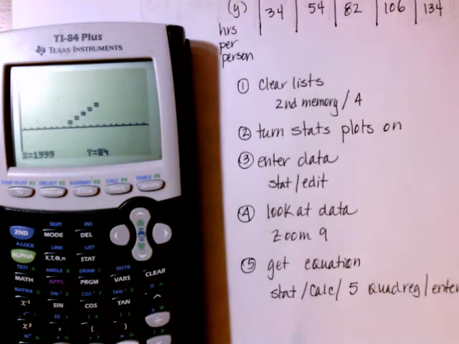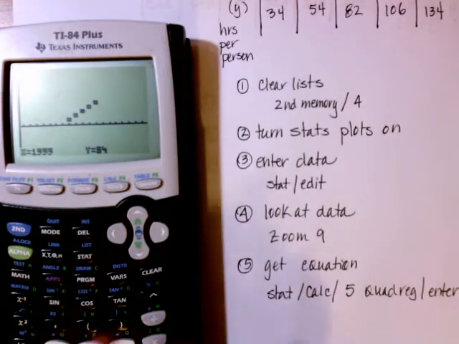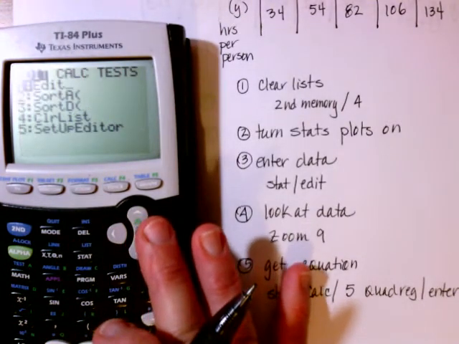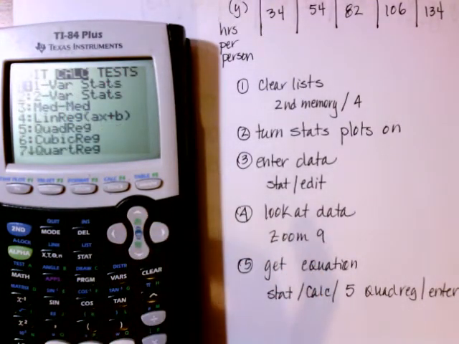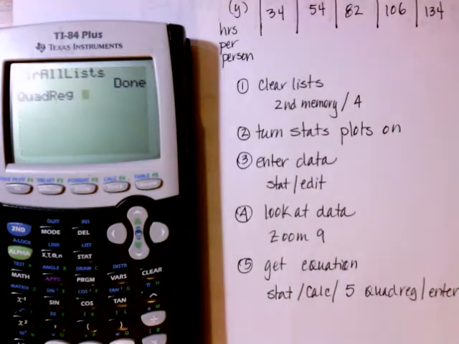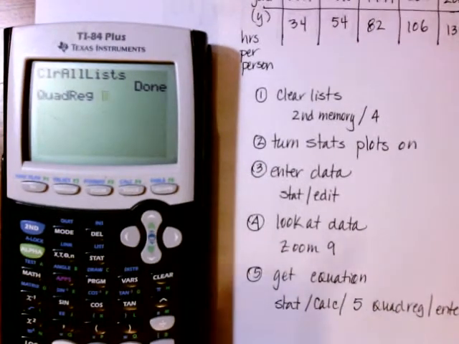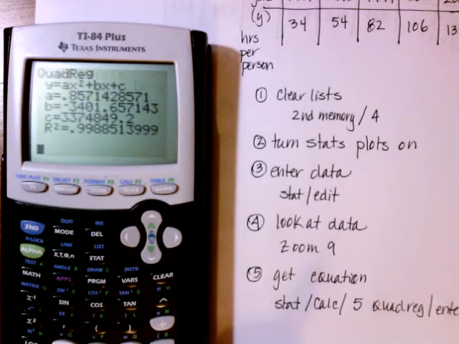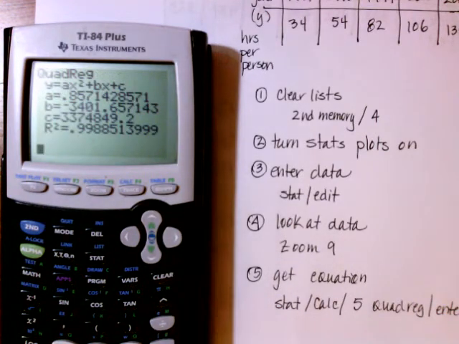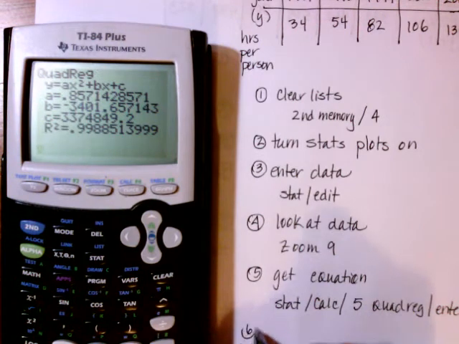Remember that L1 and L2 is the default. So I'm going to do stat, calculate, option 5 for quad reg. And this time I'm just going to hit enter because the default is always going to be L1 and L2. Step number 6 is to write down your equation.